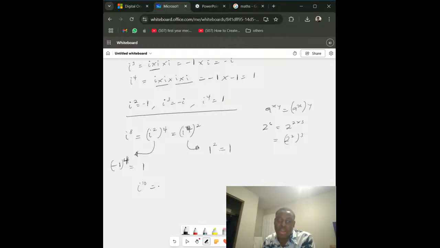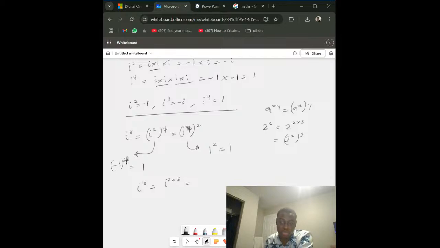Okay, i raised to power 10. And remember, it doesn't matter which one comes first if you're able to divide it based on what makes up the power, that solves 90% of the question. So if i raised to power 10 is what we are being asked to find, i raised to power 10 means i raised to power 2 times 5, right?